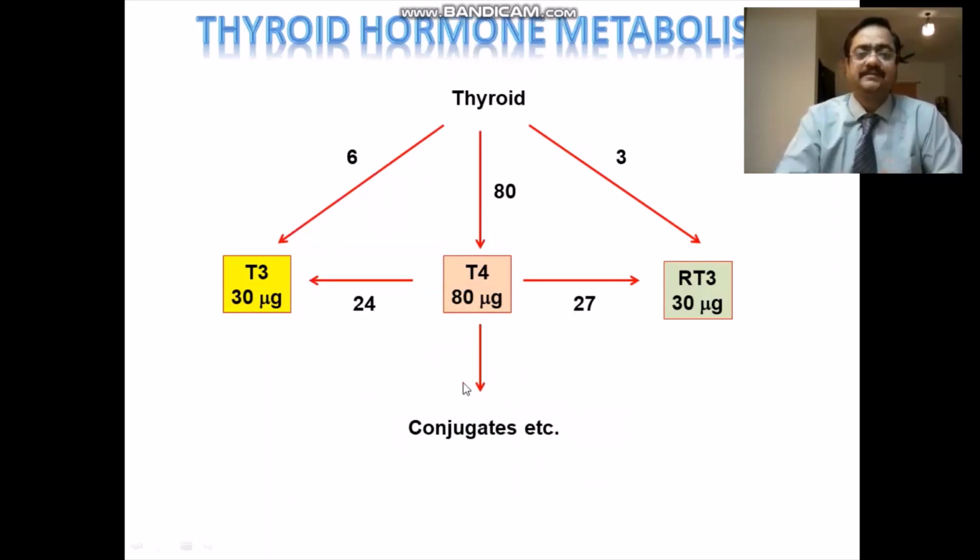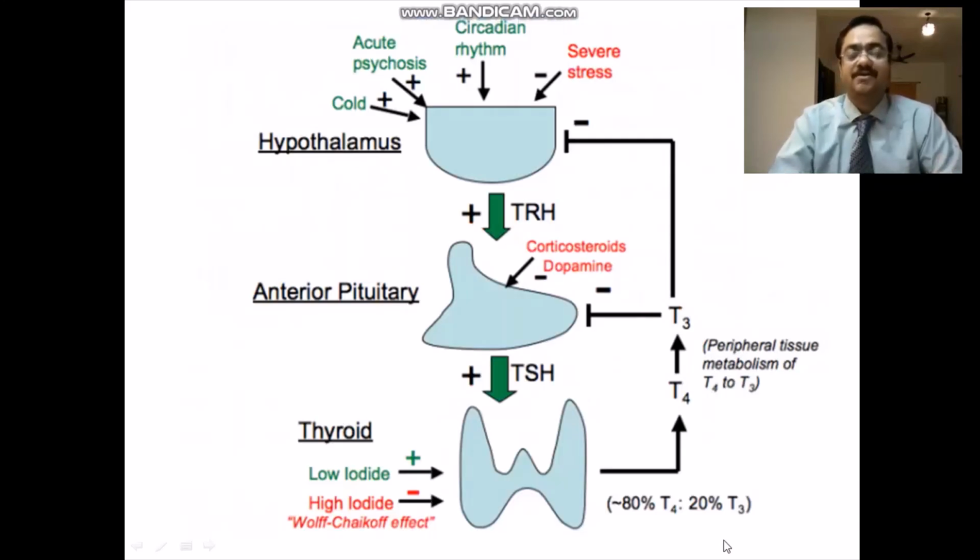So a total of 80 micrograms of T4 is produced by the gland, and out of this, 24 micrograms is converted into T3 at the periphery, and 27 micrograms is converted into reverse T3. The thyroid gland also secretes 6 micrograms of T3, so the total is 30 micrograms of T3. While 3 micrograms of reverse T3 is secreted by the thyroid gland, again the total is 30 micrograms of reverse T3. So this is the metabolism of thyroid hormone.